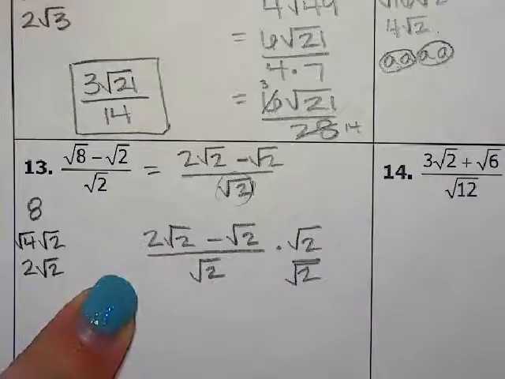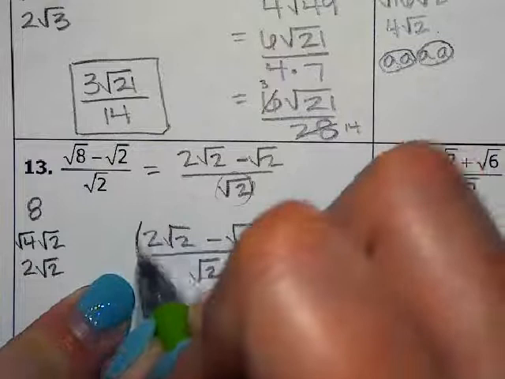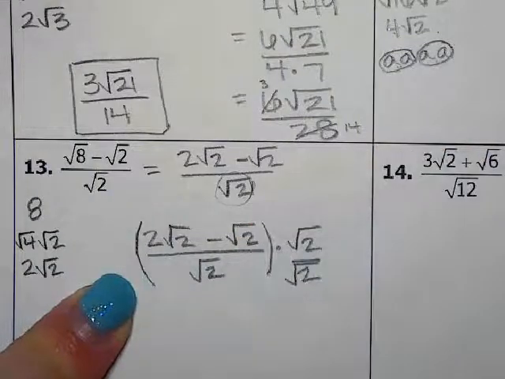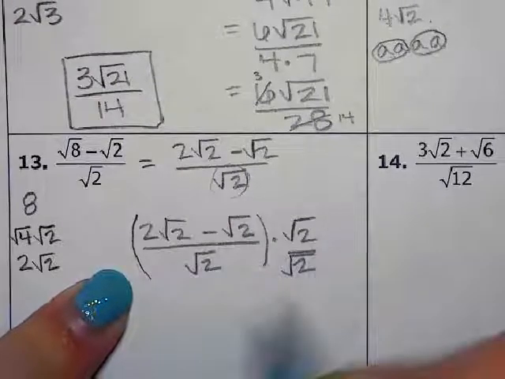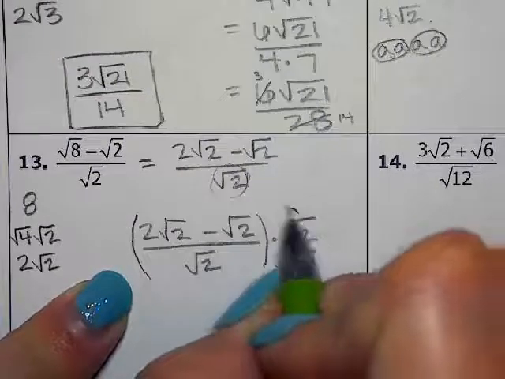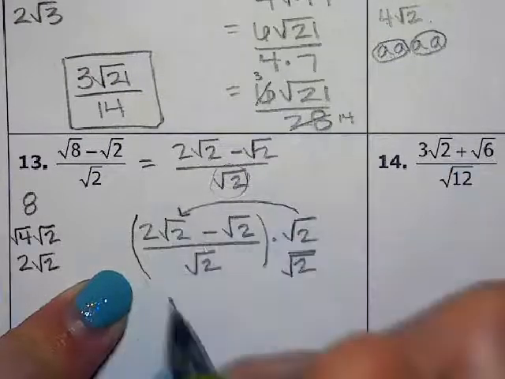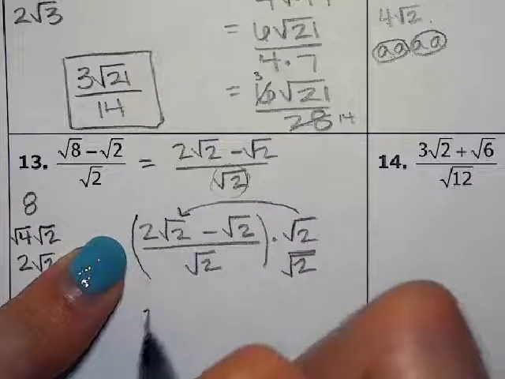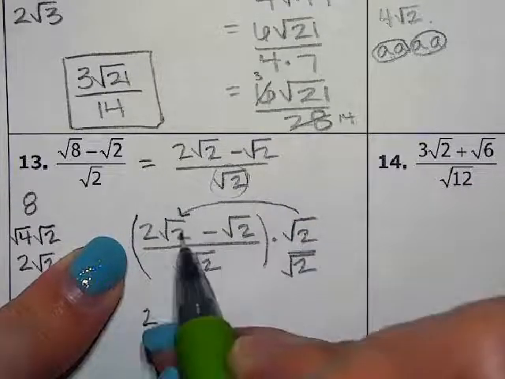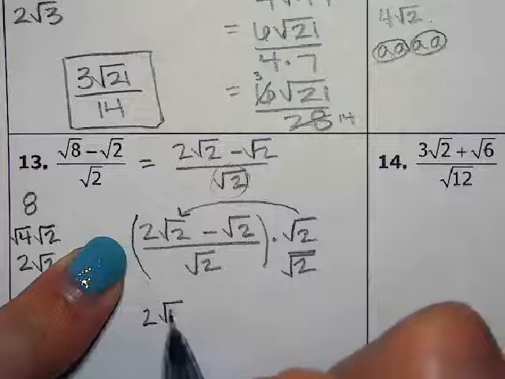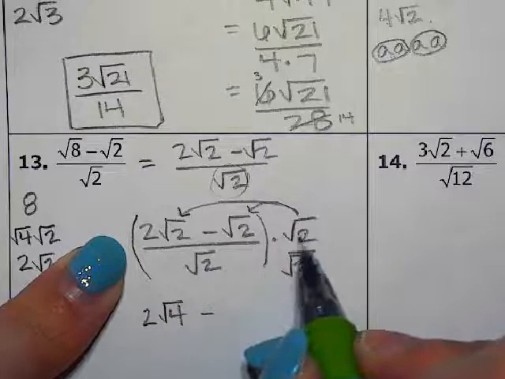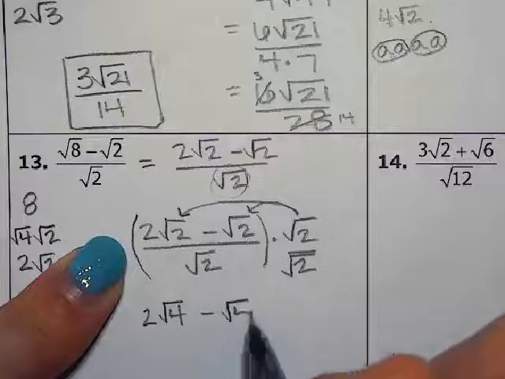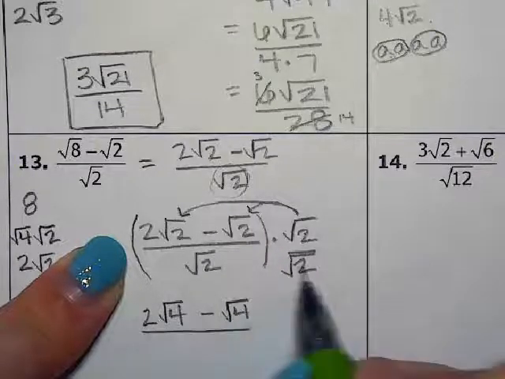Okay. So on the top, we have to distribute this times this one. So the 2 on the front is going to stay. And then root 2 times root 2 is root 4. Minus. And then this one, root 2 times root 2 is root 4. And then this one times this one, root 2 times root 2 is root 4. Okay.